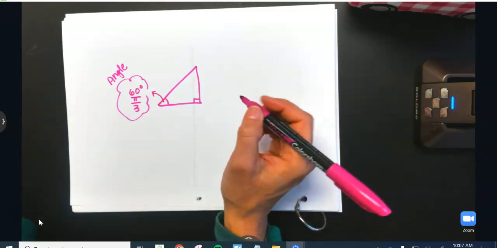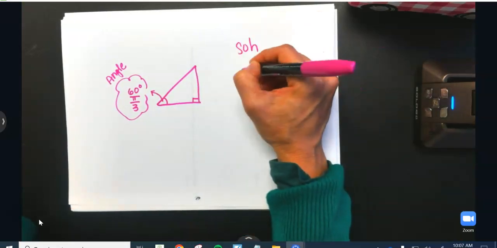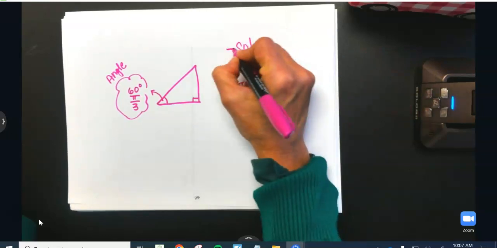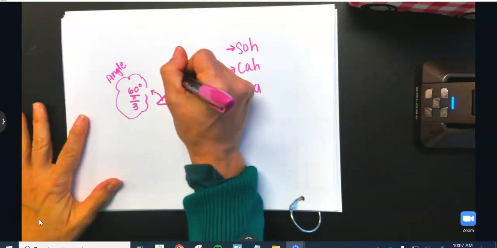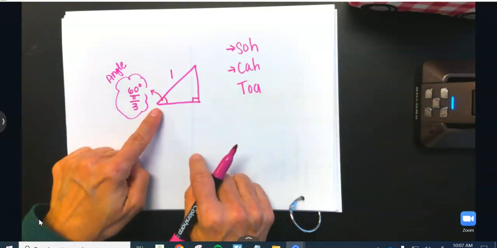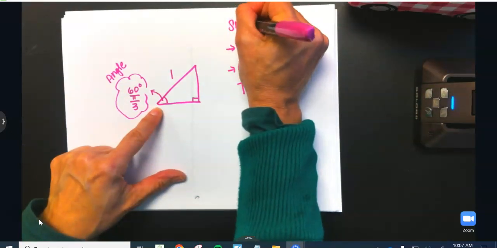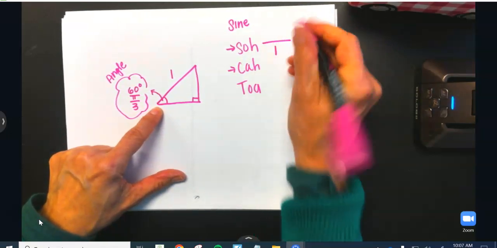What if I asked you to find, remember SOHCAHTOA? Let's just focus on these real quick. Remember, if it's on the unit circle, we know the hypotenuse is 1. So if I asked you for sine, remember sine is opposite over hypotenuse.